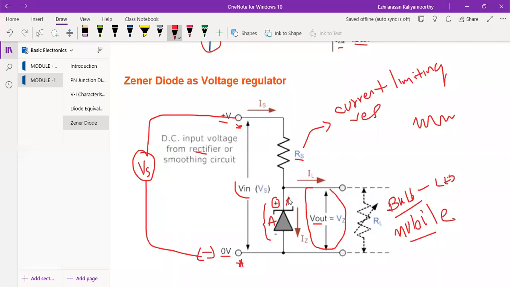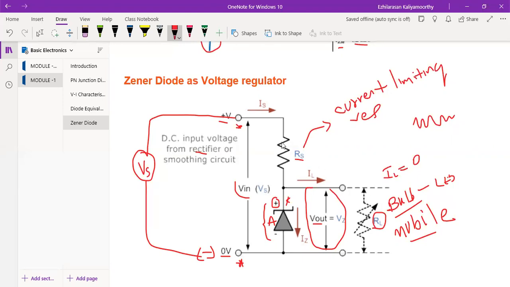The resistor RS is selected to limit the maximum current flowing in the circuit. Now, when no load is connected to the circuit, that is, if RL is not connected, then the load current IL will be equal to 0. And all the circuit current passes through this Zener diode, which in turn dissipates its maximum power.